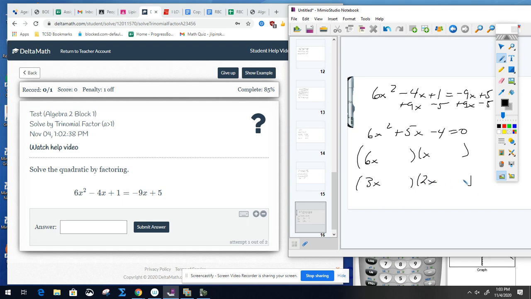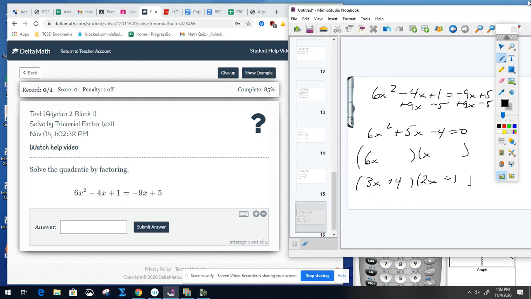And whatever two numbers multiply to negative 4, which would be 1 and 4 or 2 and 2, it's got to add to 5 in the middle here. If I put a plus 2 here and a minus 2 here, that doesn't work. But I could do a 4 and a 1. If I do a plus 4 here and a minus 1 here, when I do my outside, it gives me a minus 3, my inside gives me a plus 8, and that would add to my plus 5.